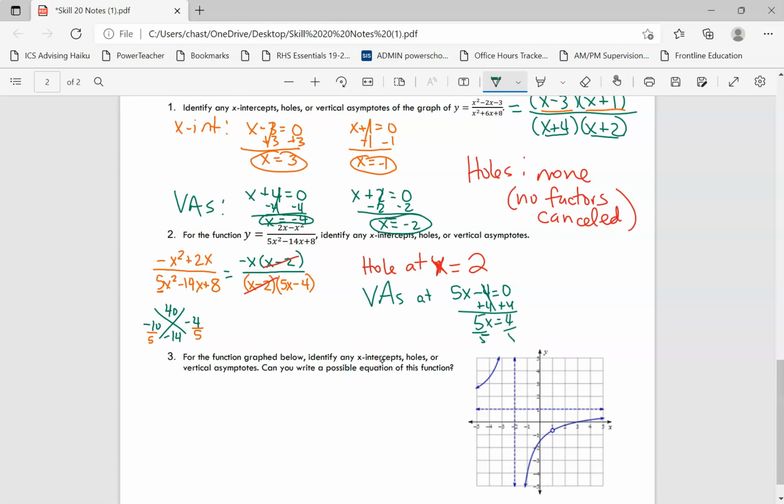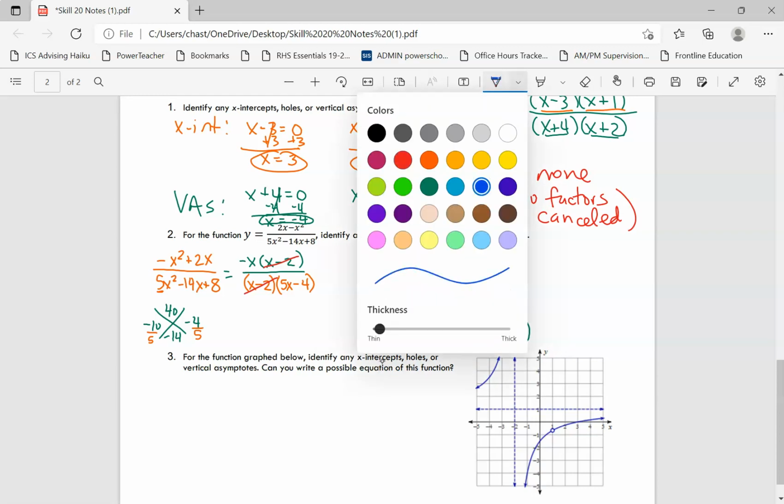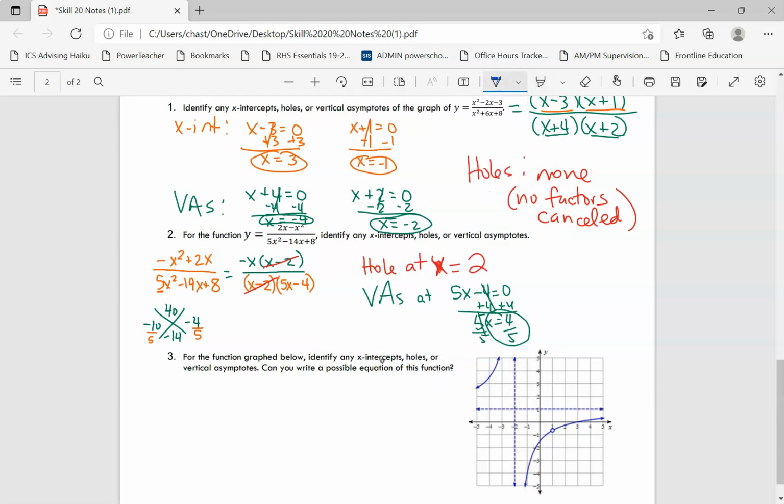So divide by 5, and we get x equals 4/5 is where the VA is at. And using a different color, let's find the x-intercepts. Negative x equals 0, so we'll divide by negative 1, and we get x equals 0. Okay?